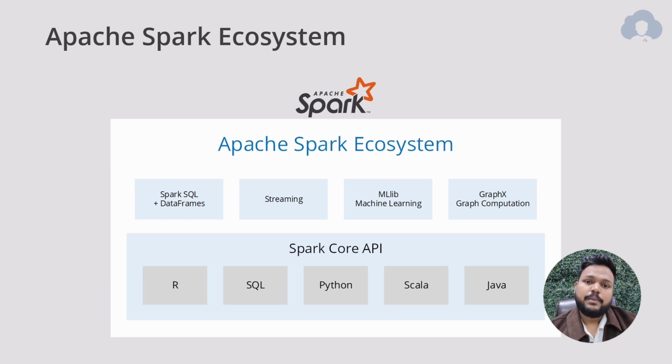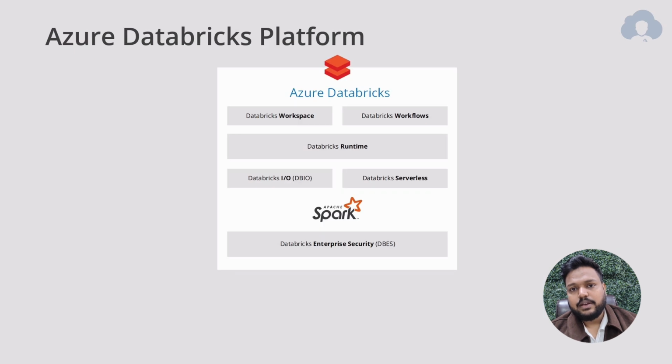It is more limited, but it's still very powerful. If you know SQL, that could be a very good feature for you to use without needing to learn any other language. You also have Python and Scala, the two main languages that you will be using when developing in Databricks, but you also have Java if you need it.